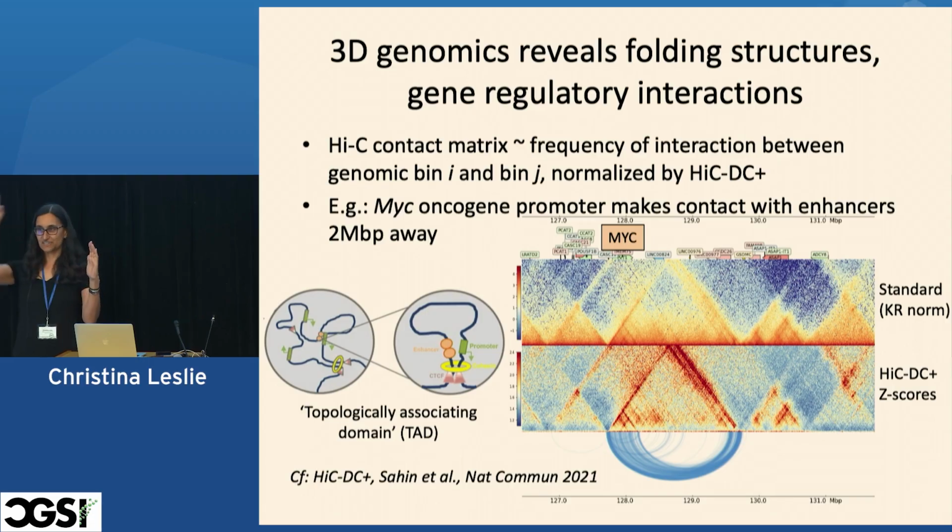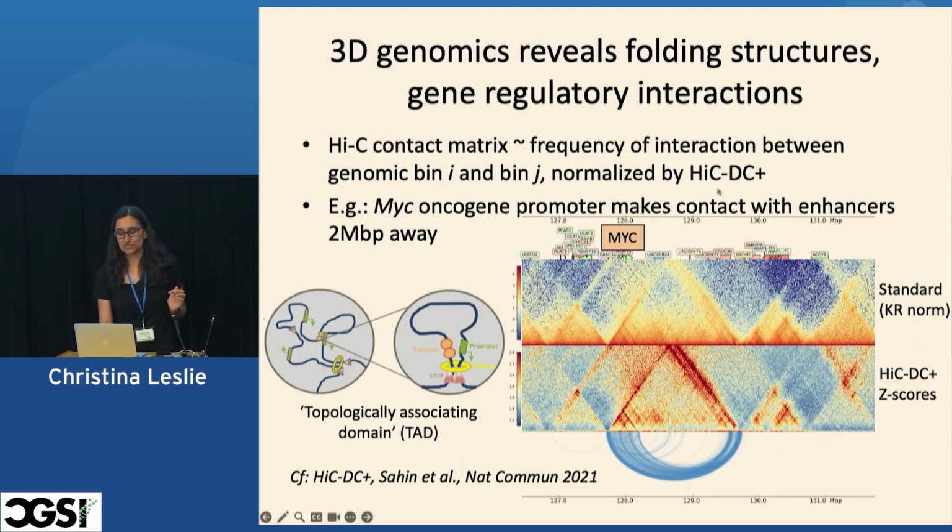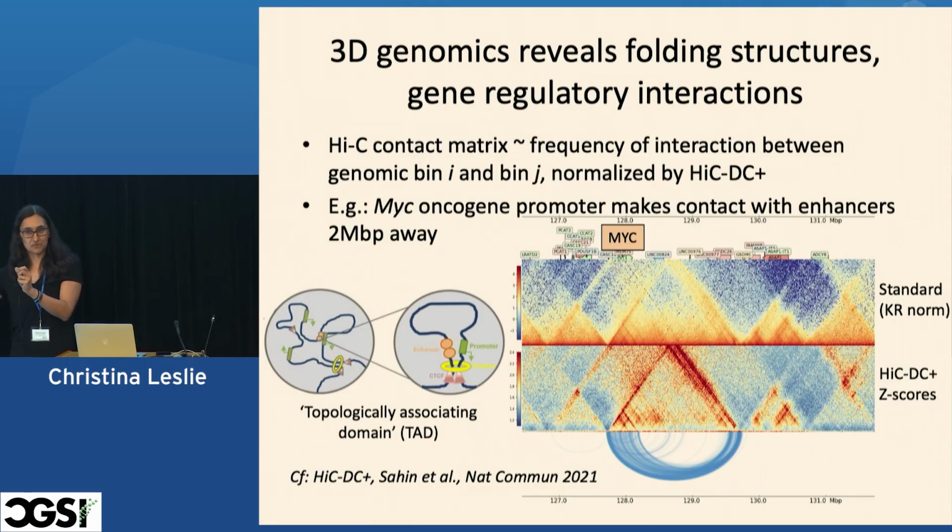So this is the diagonal version. Usually you normalize just with matrix rebalancing, so rows and columns summing to 1. And then you see these structures called topologically associating domains, these triangles. So regions of about a megabase that are interacting with themselves more than they're interacting with nearby regions.